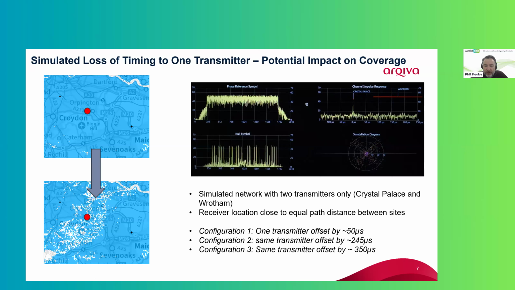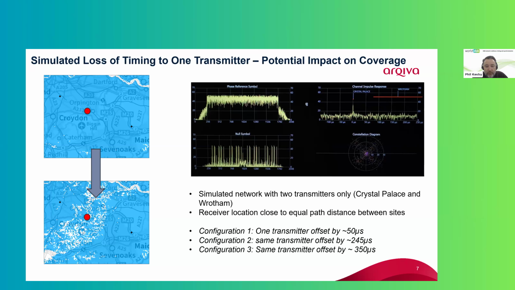The point is that what the video would have shown you is that as you progress the timing offset between the transmitters from being 50 microseconds to on the edge of the guard interval, the receiver works well, and then when you go beyond the edge of the guard interval, the receiver starts to fail.